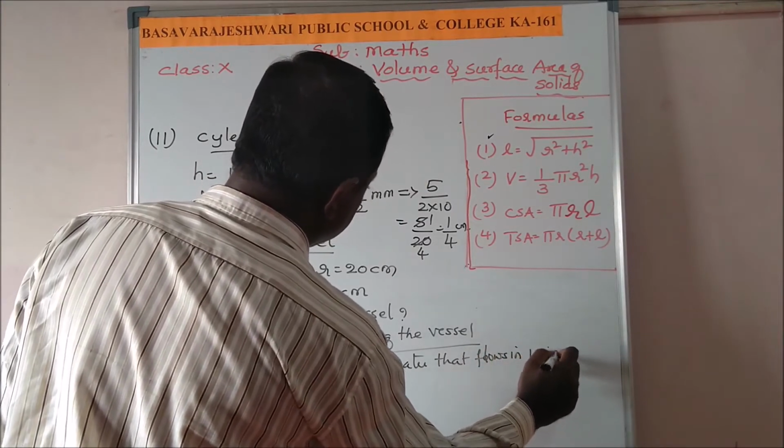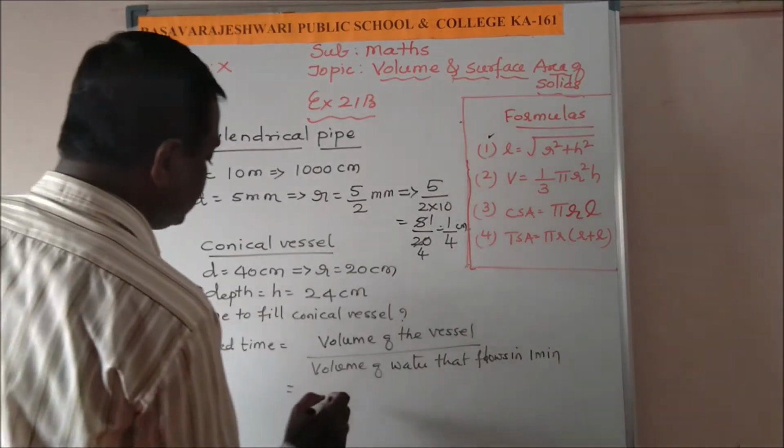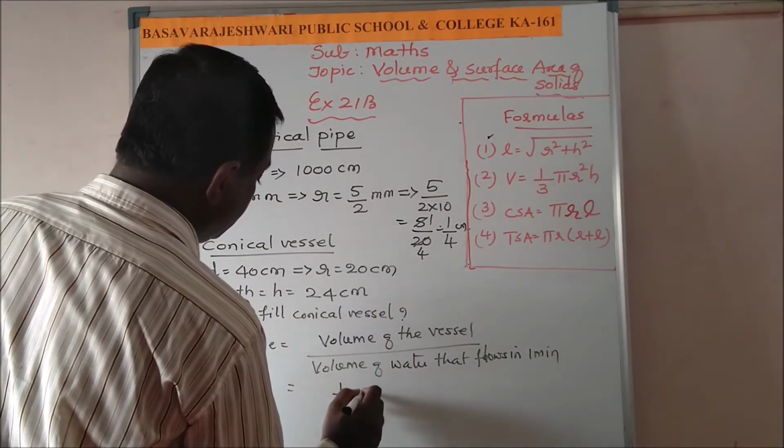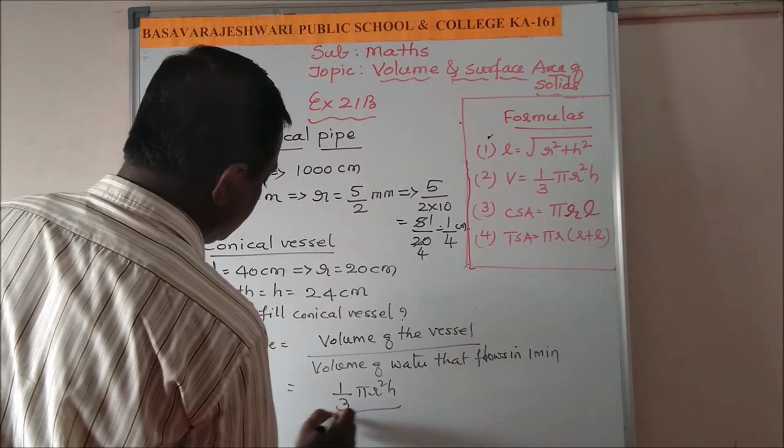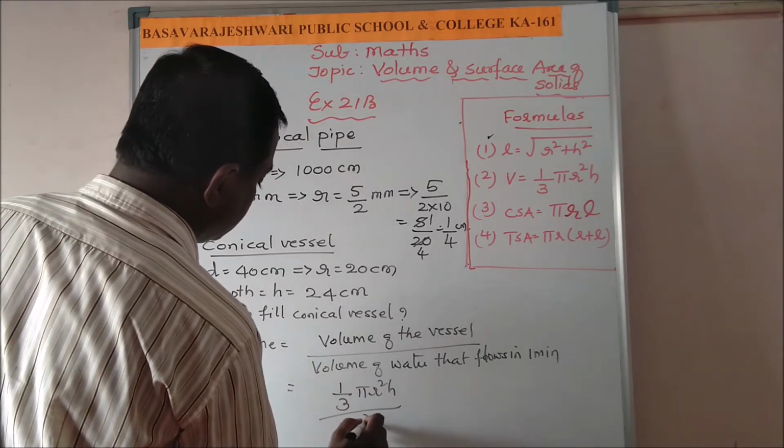Volume of the vessel is nothing but 1 by 3 pi r square h, divided by pi r square h.